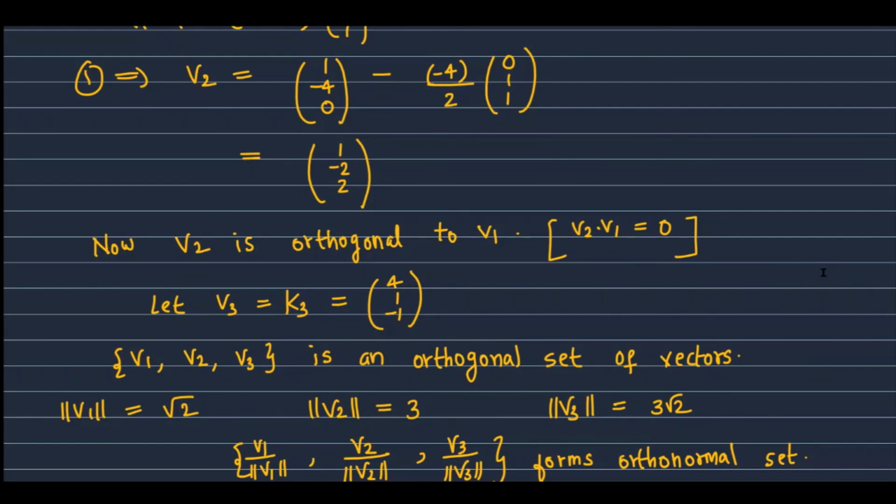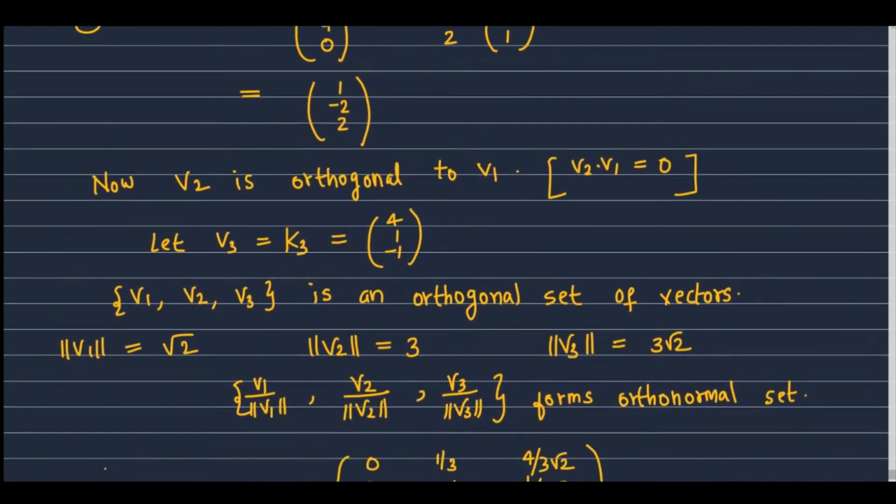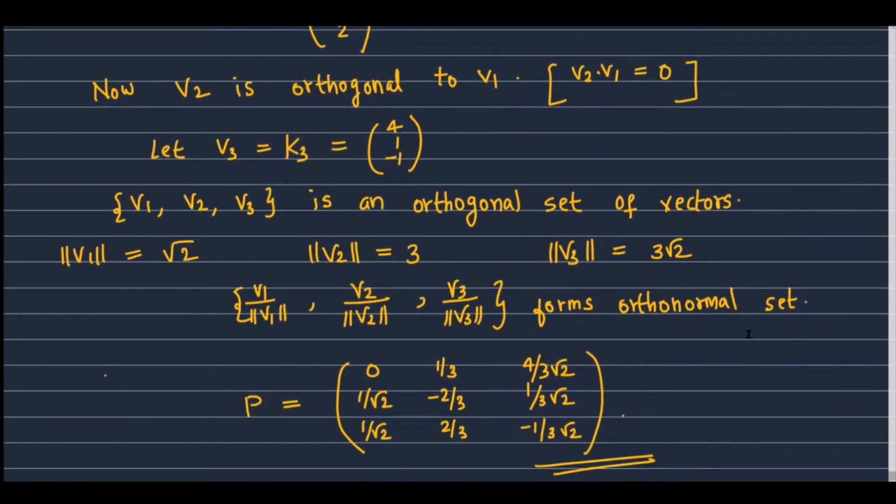Now to get an orthonormal set of vectors, we have to divide these vectors by their norm as we did in the first method. So we find that norm of v1 is root 2, norm of v2 is 3 and norm of v3 is 3 root 2. Now v1 by norm v1, v2 by norm v2 and v3 by norm v3 form an orthonormal set.